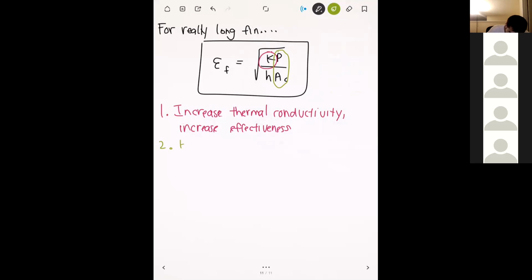So basically, if we increase this ratio, then our effectiveness will increase.